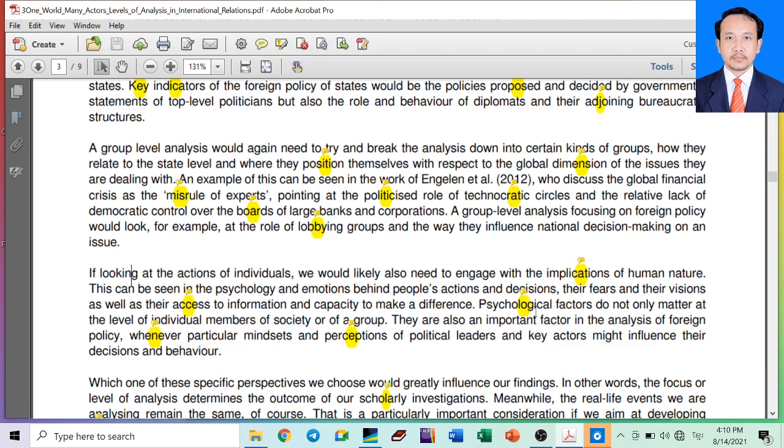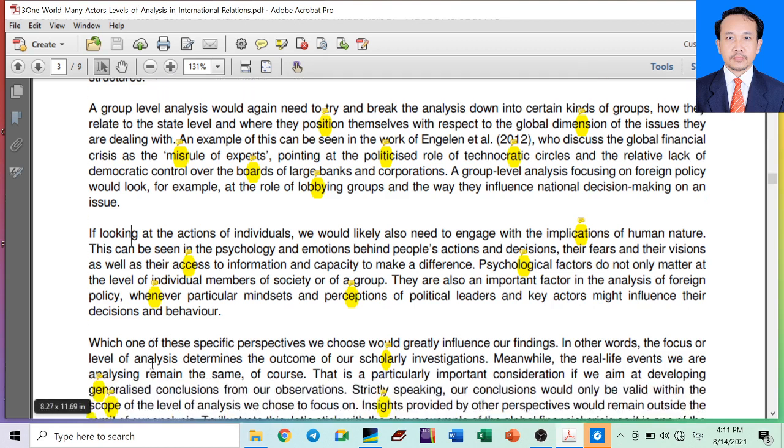Psychological factors do not only matter at the level of individual members of society or of a group. They are also an important factor in the analysis of foreign policy, as the particular mindset and perceptions of political leaders and key actors might influence their decisions and behavior.